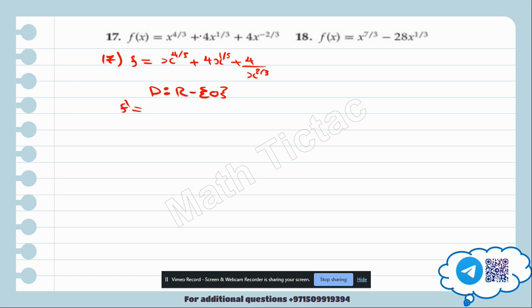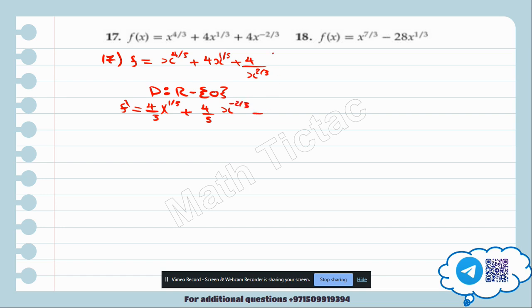Okay, so now I'll start finding the derivative after finding the domain. I'll find the derivative for this, which is easier. So it will be 4 over 3 x to the power 4 over 3 minus 1, which is 3 over 3, which is 1 over 3. Then plus 4 multiplied by 1 over 3, which means 4 over 3, x to the power 1 over 3 minus 3 over 3 or 1, which is equal to minus 2 over 3.